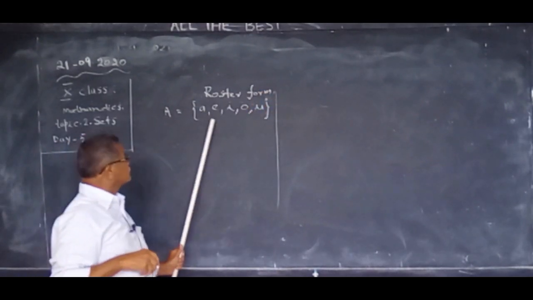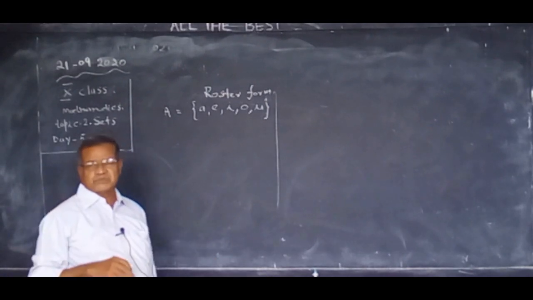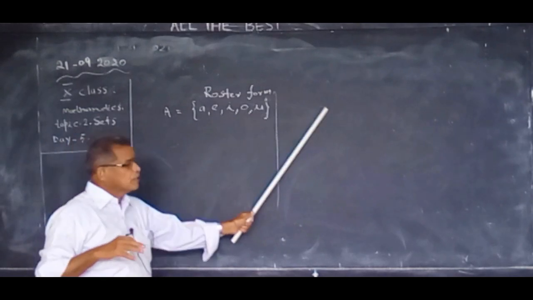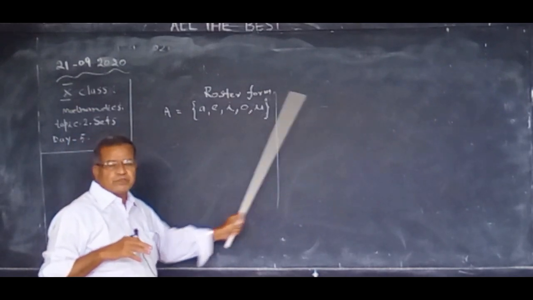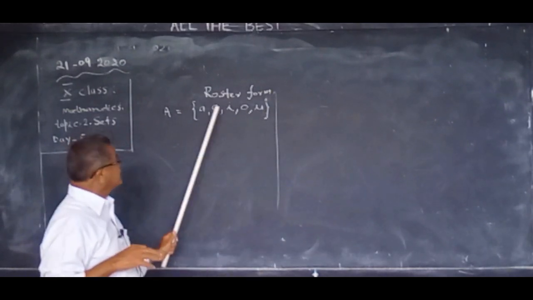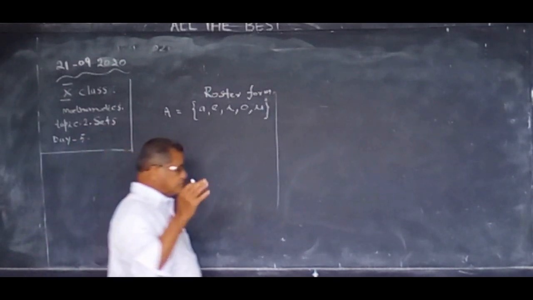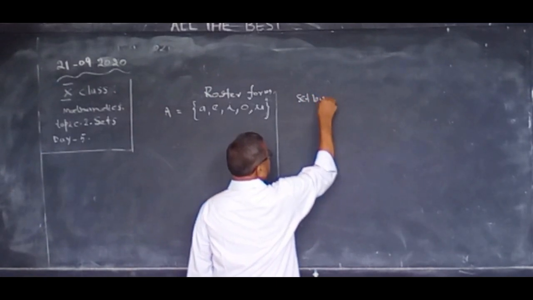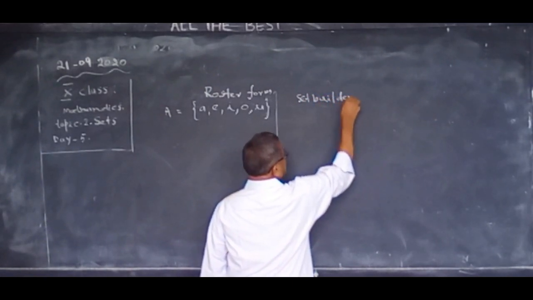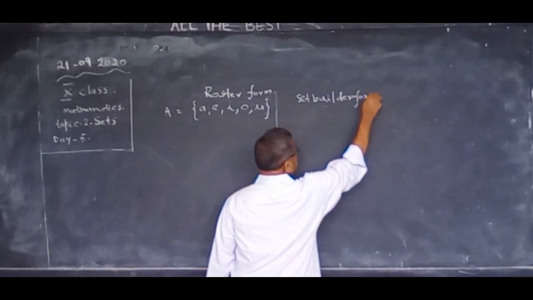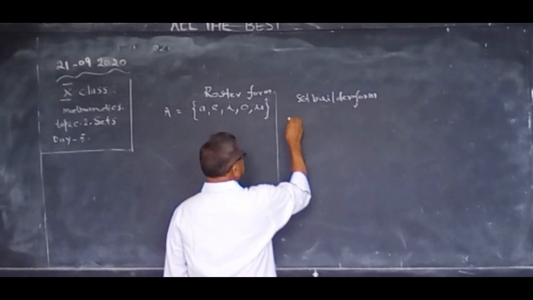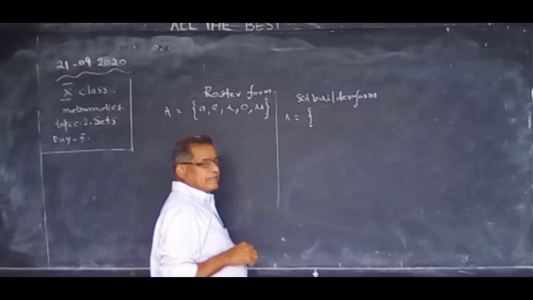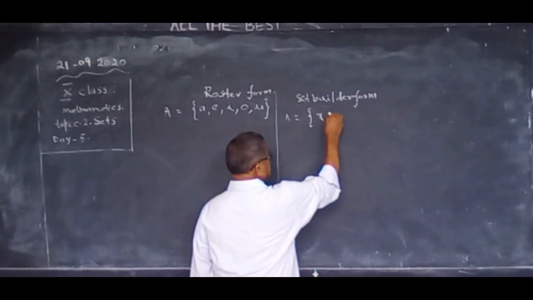Second method, set builder form. We can write roster form into set builder form, and set builder form into roster form. How to write set builder form? Once again I explain. In this set A, we write X such that X is an element.